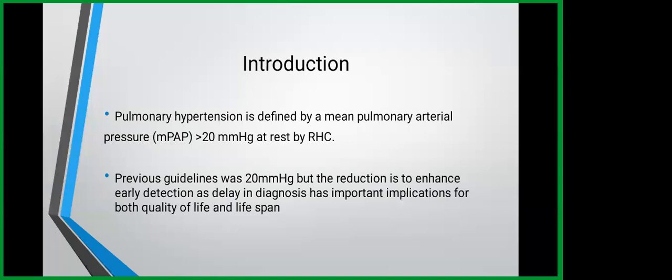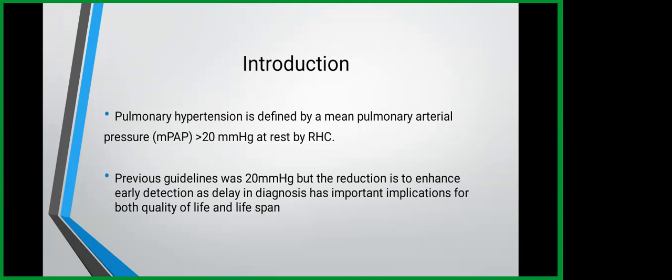The former definition used to have a mean pulmonary arterial pressure at rest of more than or equal to 25 millimeters of mercury, and on exercise more than 30 millimeters of mercury.